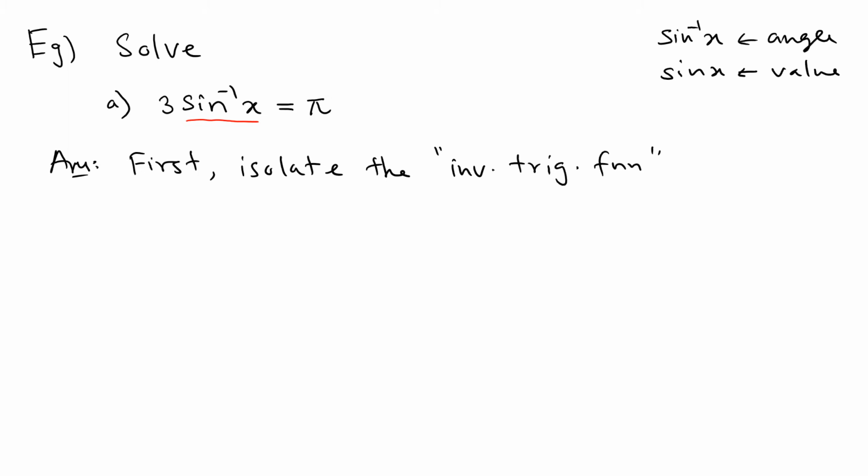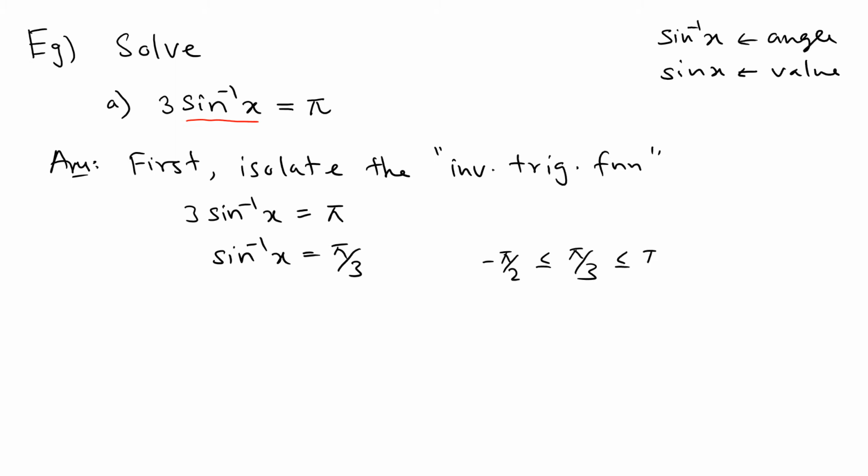So we have 3 sine inverse x equals pi. If you isolate the sine inverse x term, you can see that this is simply pi over 3. Now after we get to this level, we notice that pi over 3 is in the appropriate domain, that means from negative pi over 2 to positive pi over 2. That means we can invert this. We can find the inverse function.